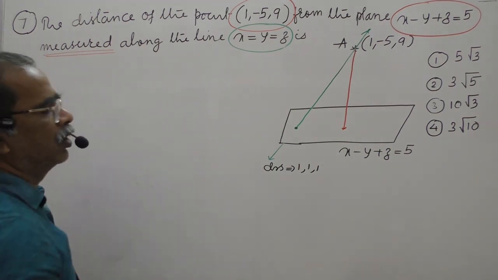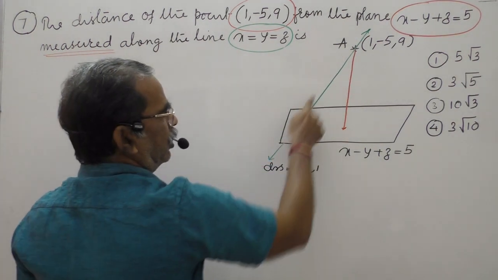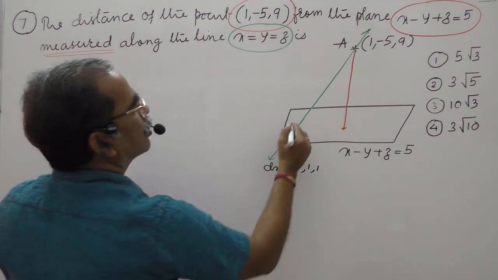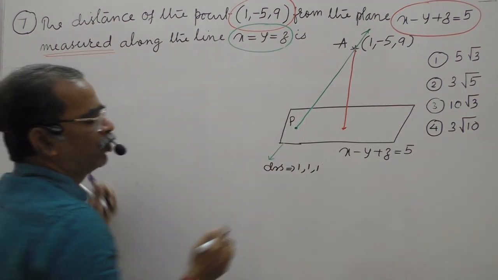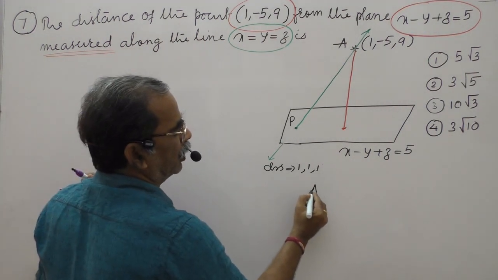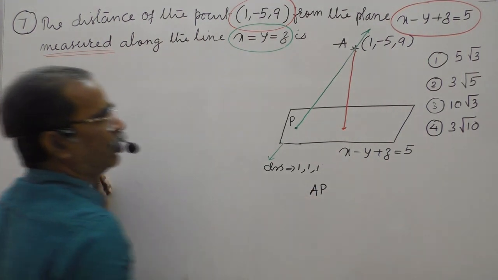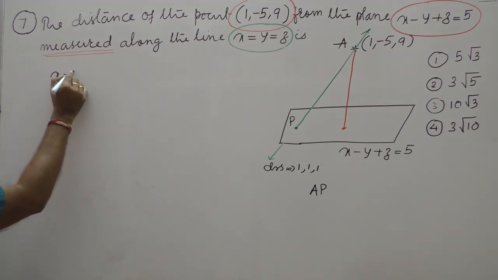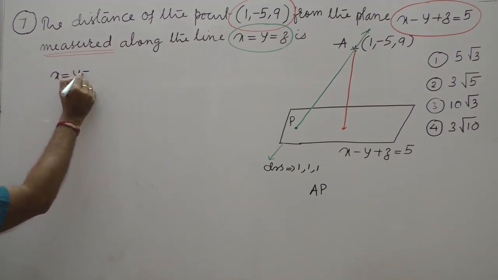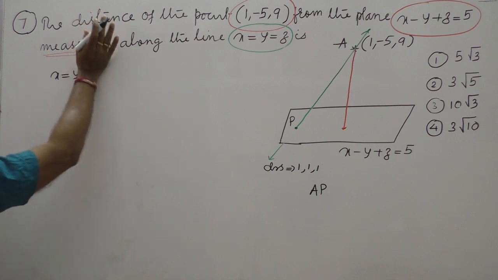So now I have to find this distance, no? I will denote this point by P. So now I have to find the distance AP. For that, we take the line x equal to y equal to z.